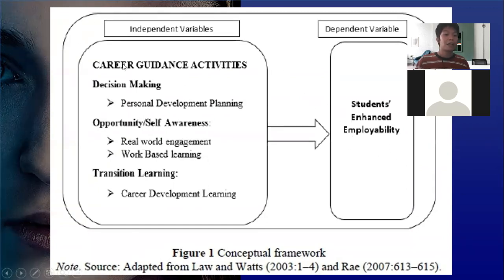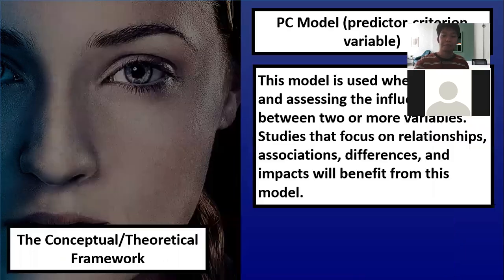So under the career guidance activities, there are existing variables that are used for this study, like decision-making, opportunity or self-awareness, and transition learning. These factors being used in order to relate or connect the students' enhanced employability. So again, we say independent, it shows relationship among the variables in the study.